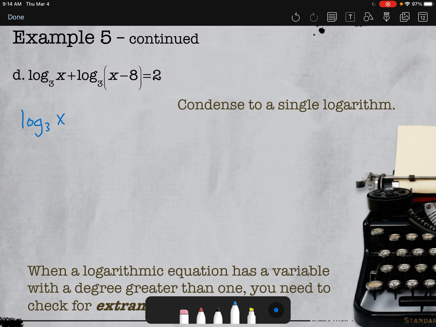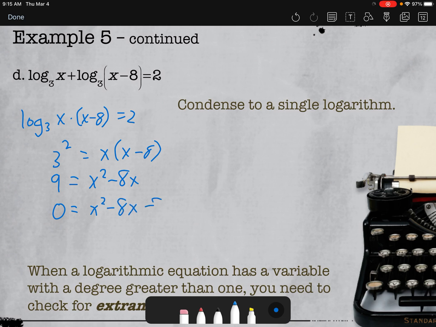Since it's addition, we know that it looks like this: x times x minus 8. Well, we're ready to convert that to exponential. 3 squared equals x times x minus 8. That would be 9, right? So now we have x squared minus 8x minus 9.